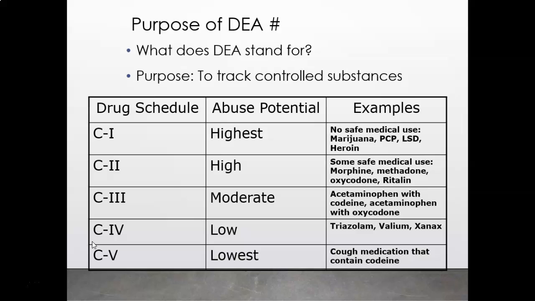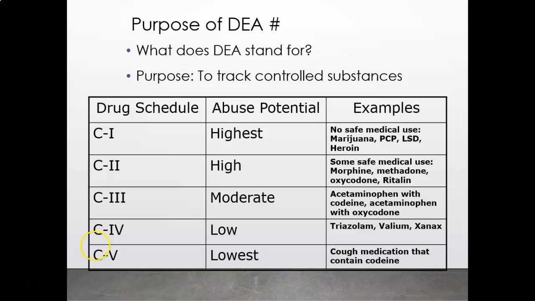So you may notice the DEA number area in the top of the prescription, and you might wonder, what is that for, or what does the DEA number stand for? Well, DEA is Drug Enforcement Agency, but the DEA number stands for Drug Enforcement Administration.